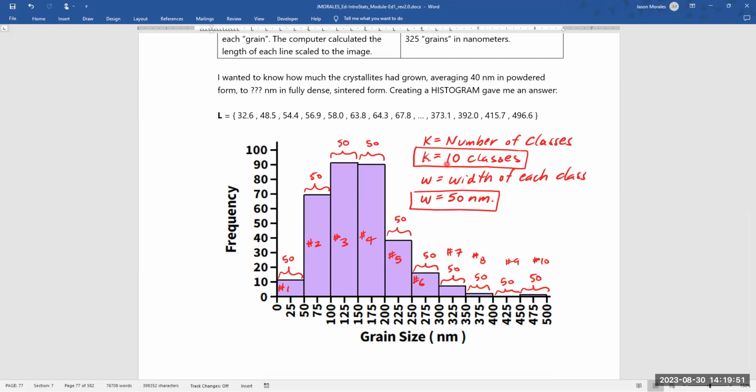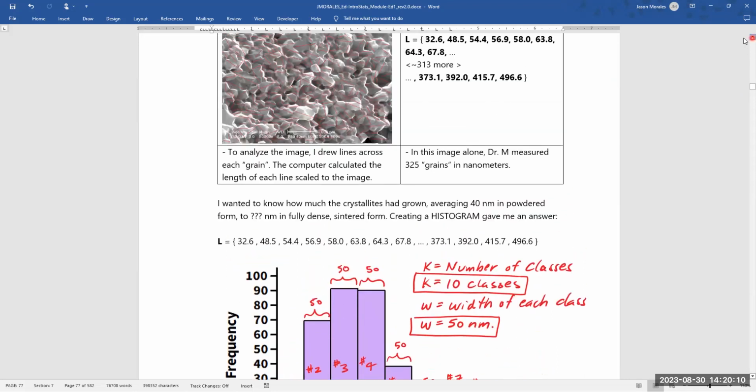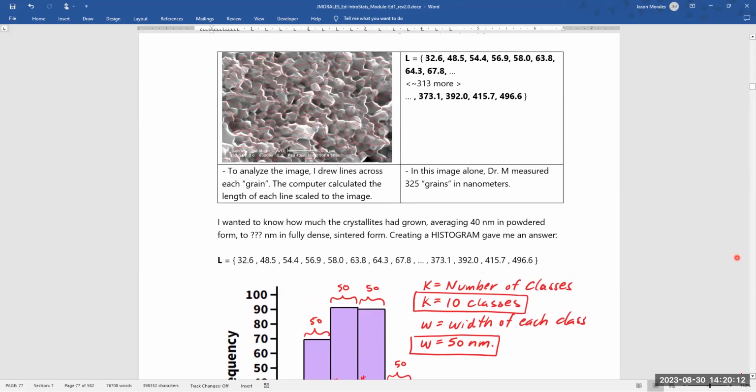So I have 10 bars, or 10 classes, each with an equal width of 50. And this value of 10 and this value of 50 was something that I calculated. Okay, so this shape represents the size and the behavior in this image up above.